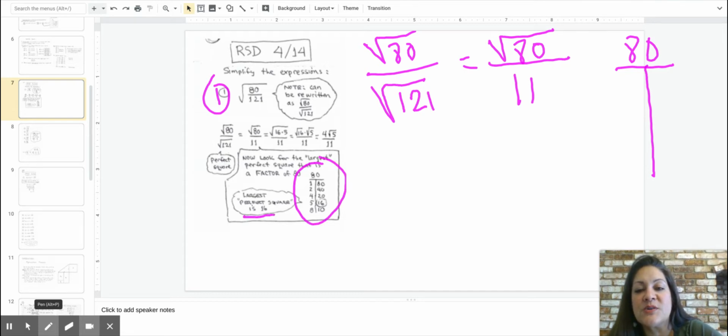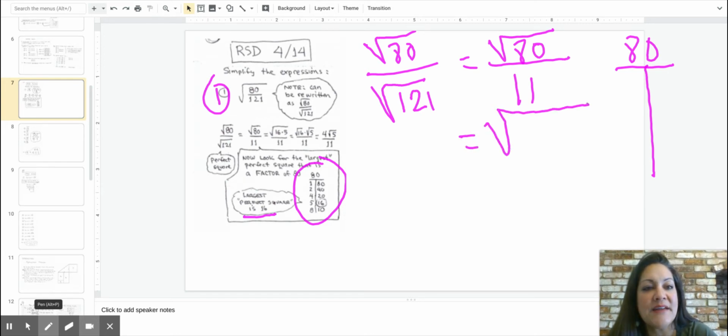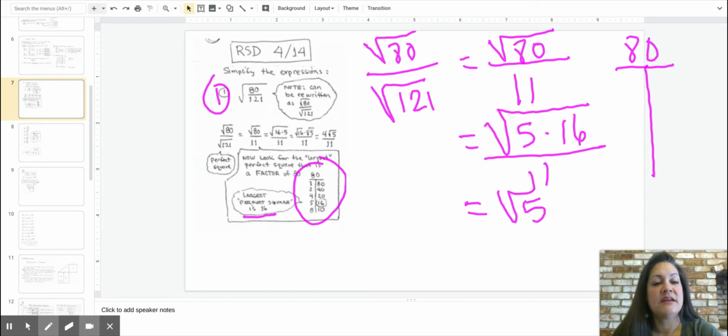Largest perfect square is 16. So that is going to be 5 times 16 over 11. Square root of 5 times square root of 16, which of course I know is 4, over 11.